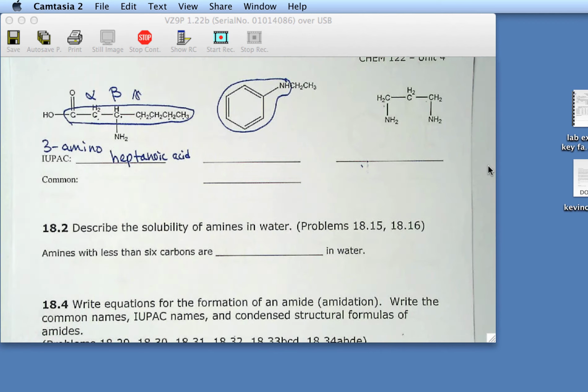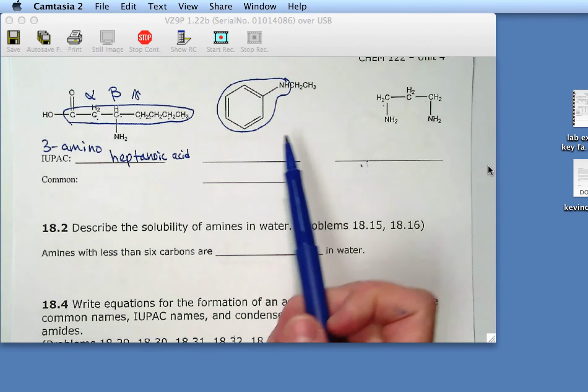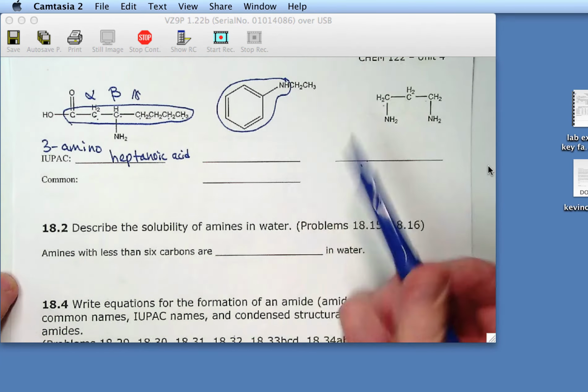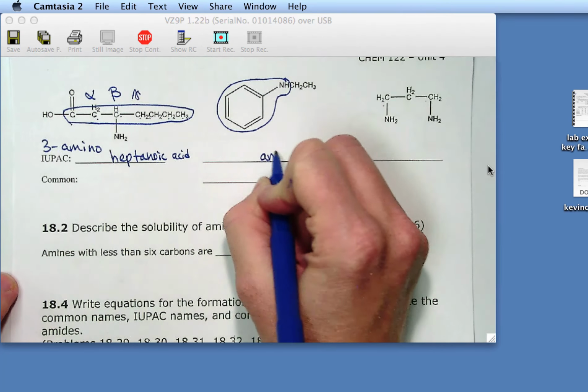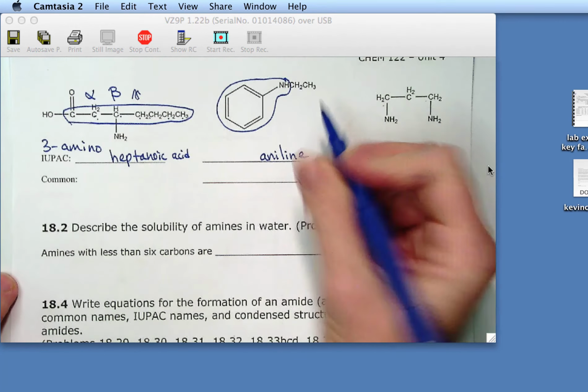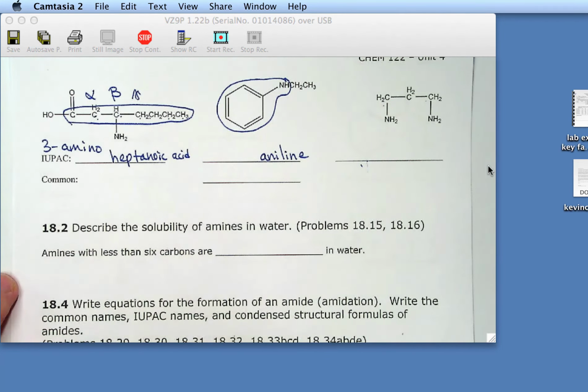So amines have many different looks. You know those celebrities who are actors who can change, they wear a baseball hat, or they portray this type of character in one movie and then completely different in another movie. That's how amines are. So this is aniline. So the IUPAC would be N-ethyl aniline.